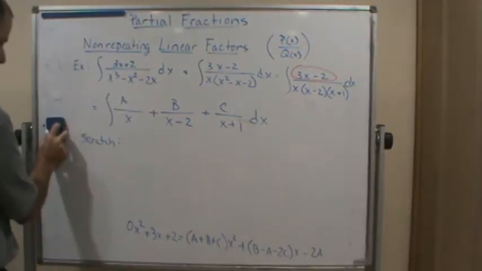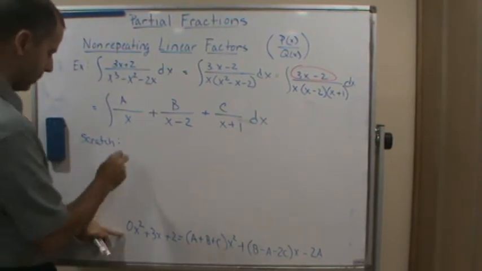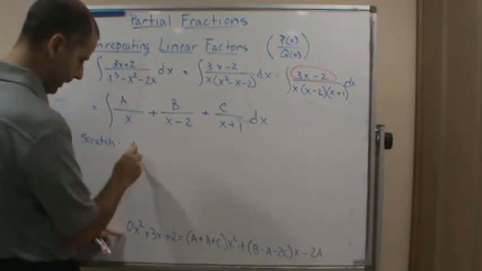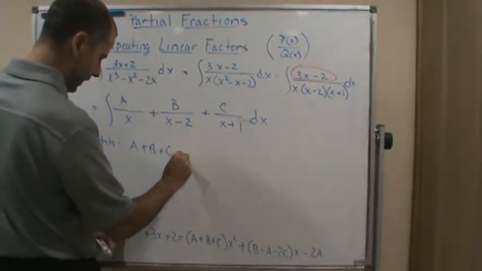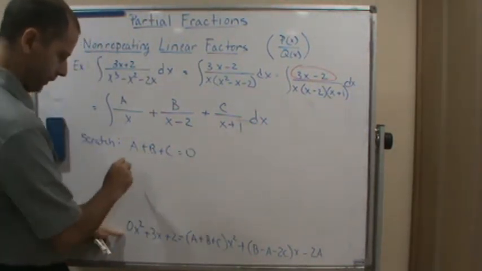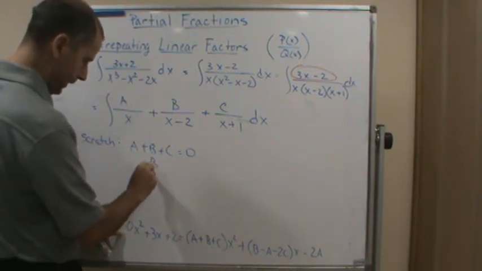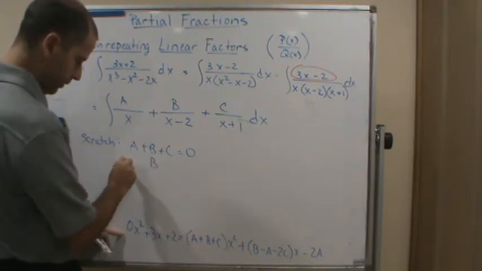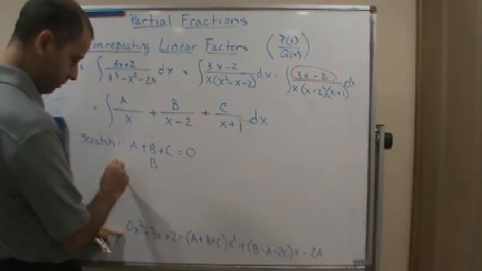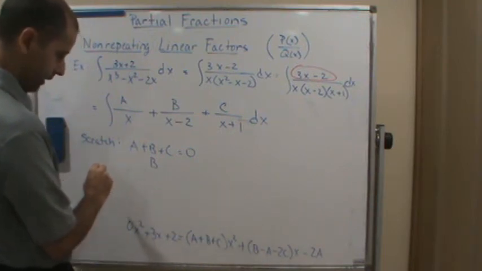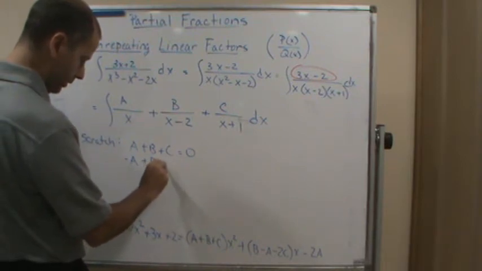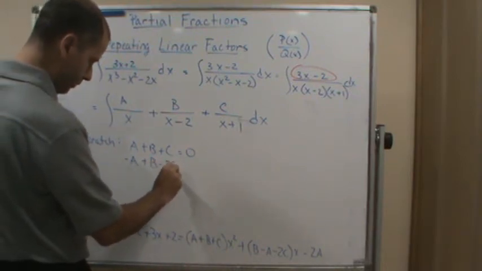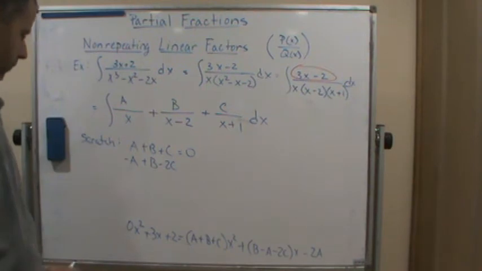So now, I know that a plus b plus c has to equal 0. b minus a minus 2c, so if I have a negative a here, right?